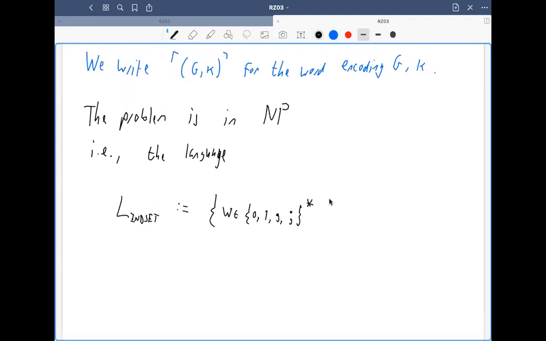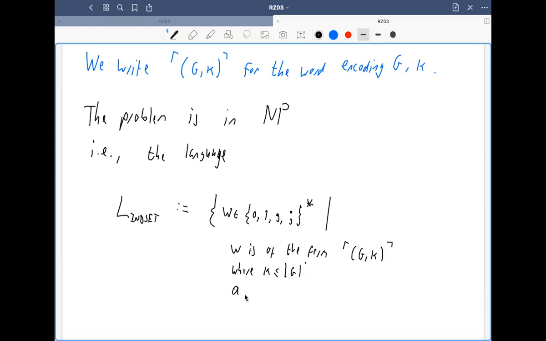So the set of all words W such that W is of the form, so W is indeed the encoding of a correct input, where K is less than or equal to the size of G. And we're interested in the language of those inputs in which the graph does indeed have an independent set of that size.